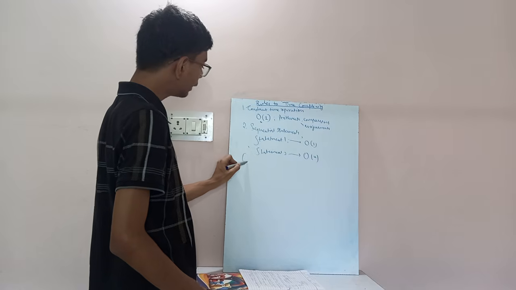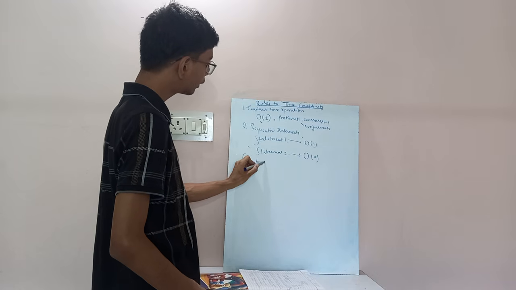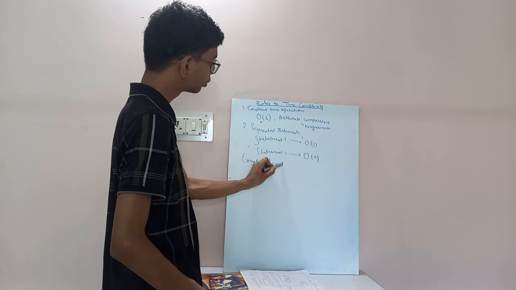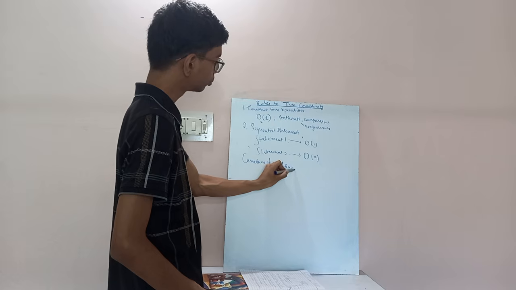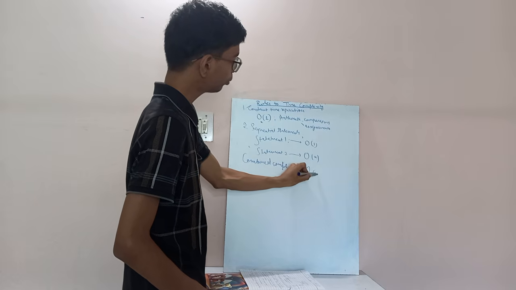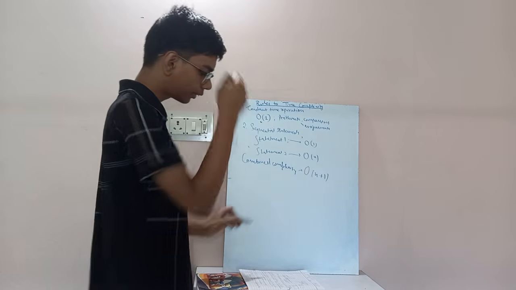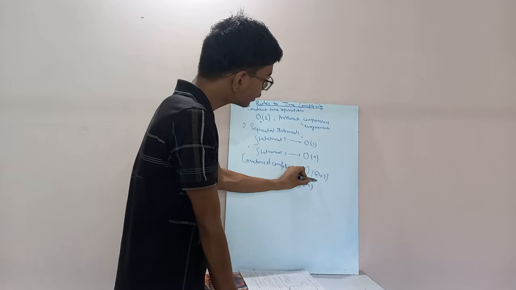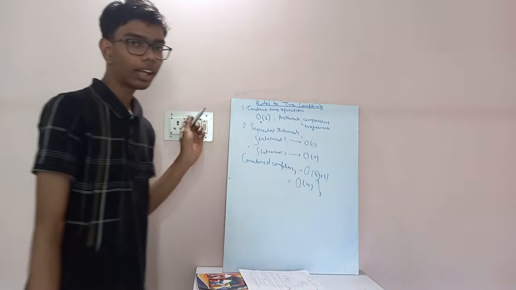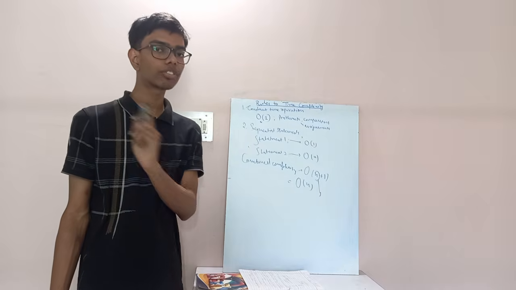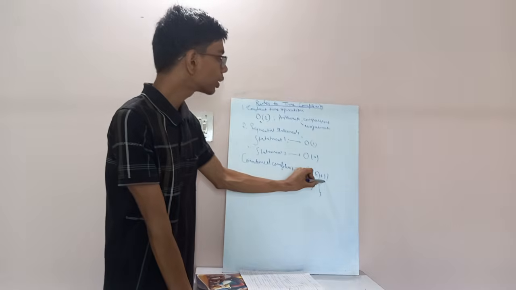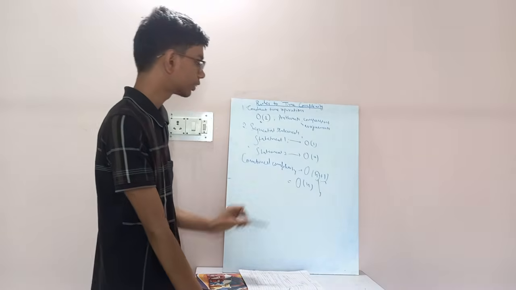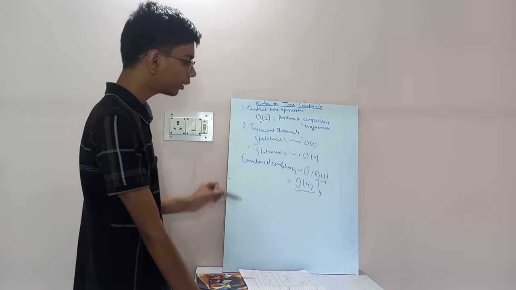Now, combined time complexity or final time complexity will be order of n plus 1. But this will ultimately become order of n. Why? Because n is a very large number. In algorithm, we have to deal with millions of data. So adding or subtracting 1 does not make any sense. So ultimately I will get order of n.